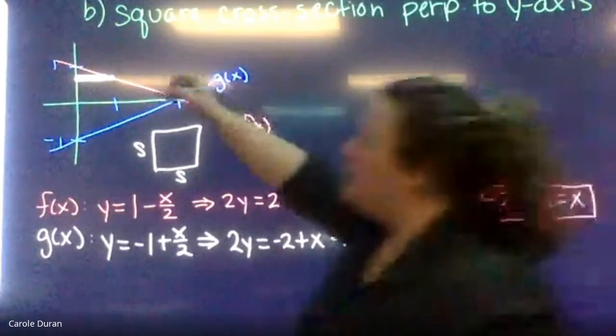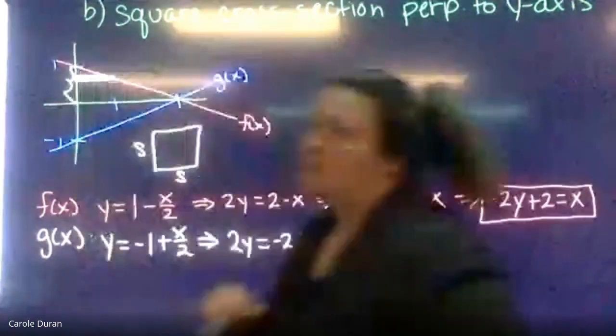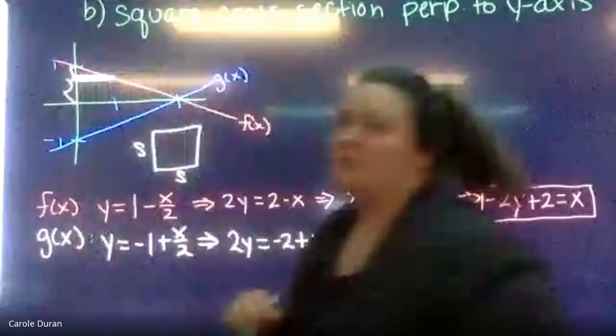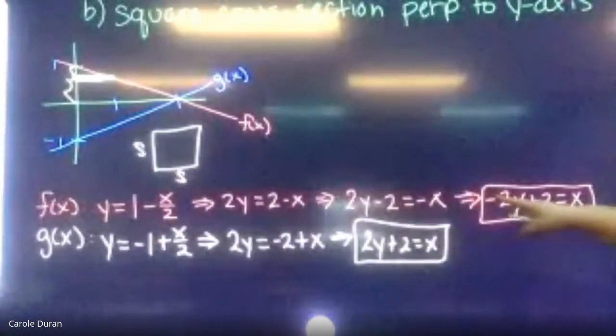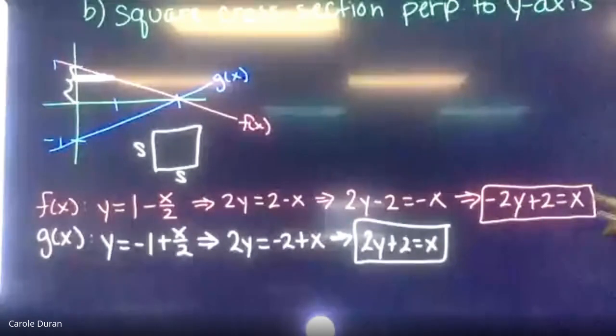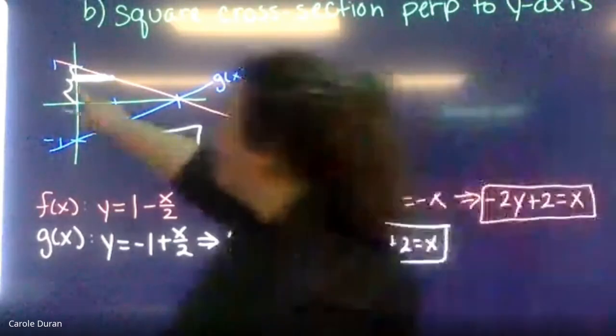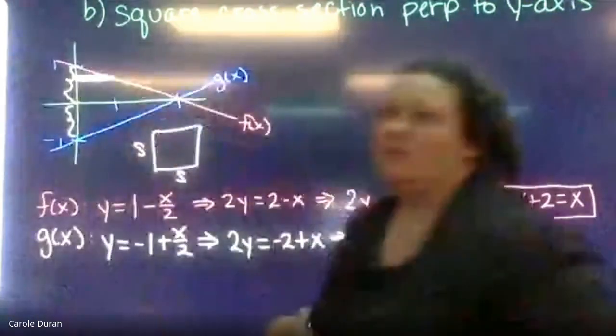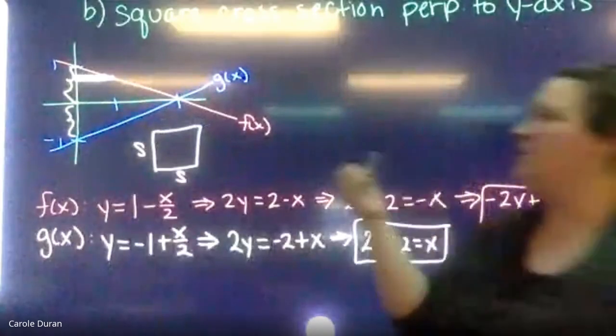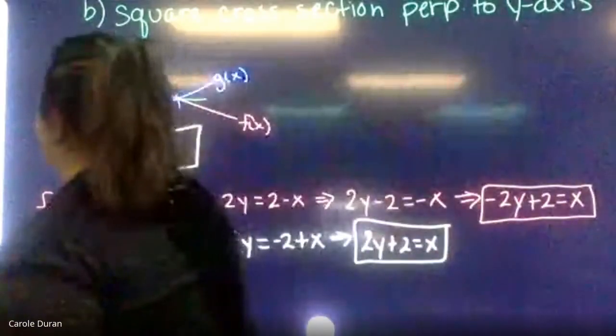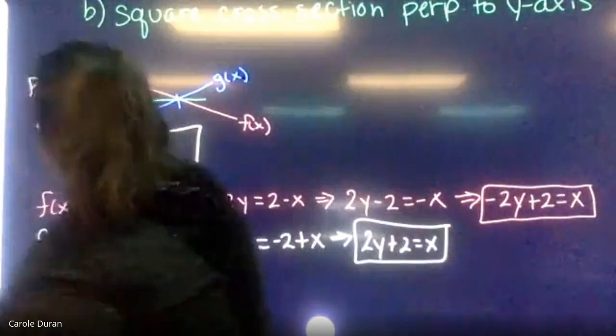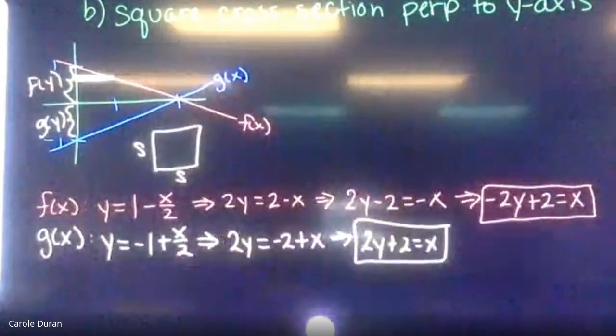So from here to here, my side length is just going to be this f function, because it gives me the x value at any given y value on that interval. And then from here to here, it's going to be my g function. So it's f plus g. So I'm going to have two different integrals with two different y domains that I'm going to integrate and add the answers together.